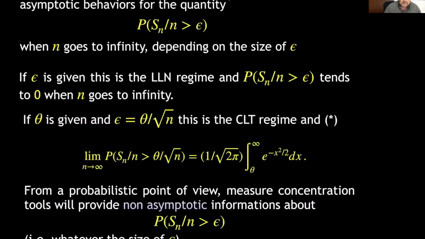So from a probabilistic point of view, what measure concentration will provide us is non-asymptotic information about the tail probability. That is, information that does not depend on the size of epsilon. So this will be the main novelty with measure concentration methods here.